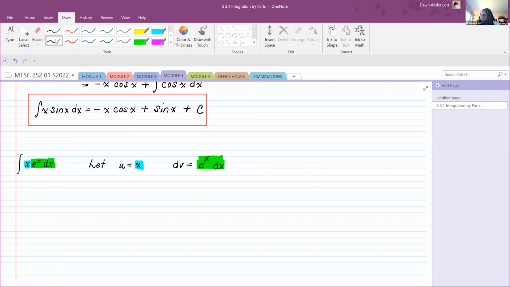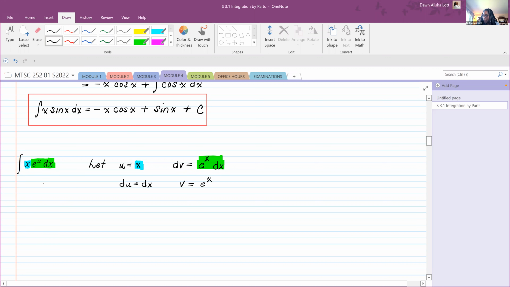Okay. All right, so now I need du. Du is easy. It's just dx. And I need v, means I need to integrate e to the x. And when you integrate e to the x, you get? E to the x. E to the x, thank you.